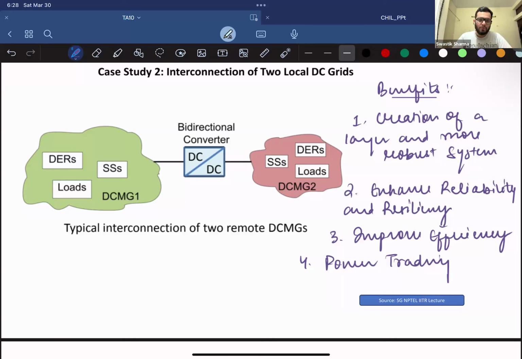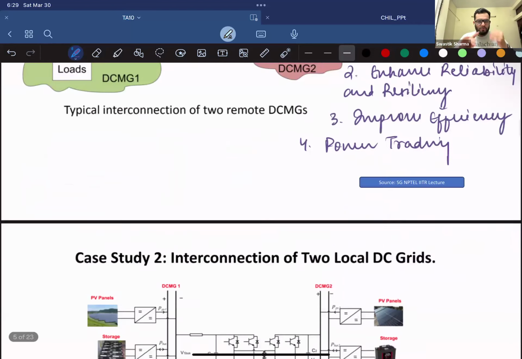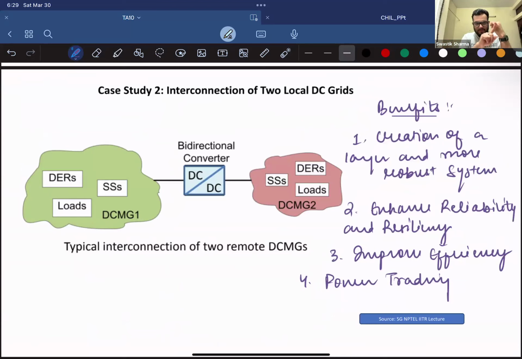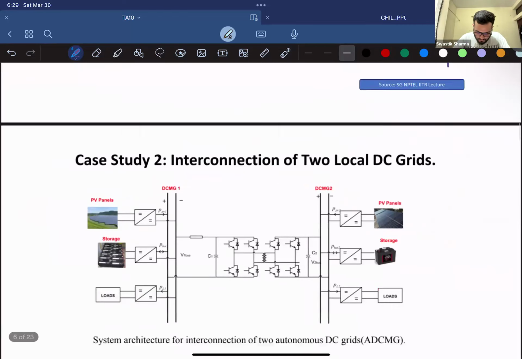That is something you can do in DC microgrids efficiently, because you don't have to synchronize anything, just the voltage. The voltage at the tie interface should be the same, but you don't have to do any frequency synchronization.